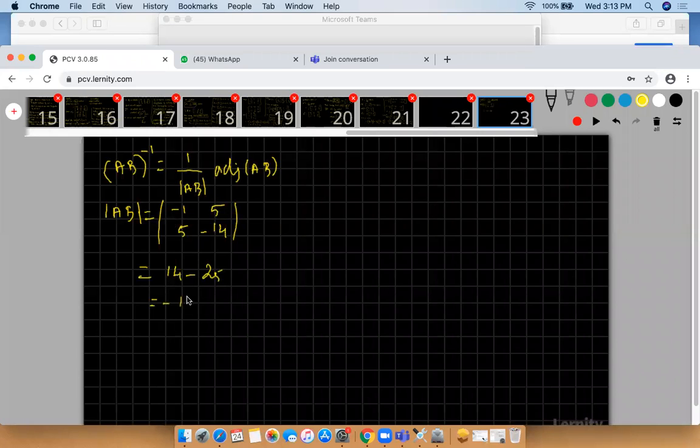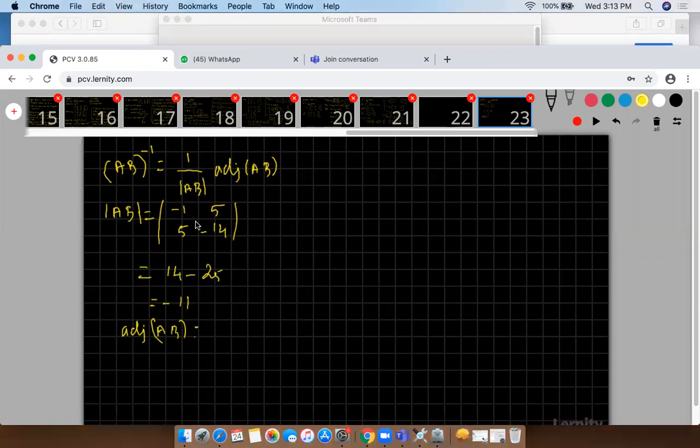What is adjoint of AB? Adjoint of AB is equal to, changing these two elements, 14, 1, interchanging these two, that is minus 14, minus 1, and sign change of these two elements. Both are in plus, therefore both are in minus here.